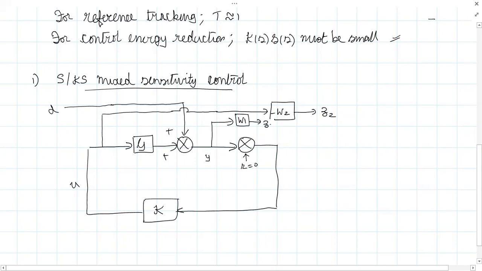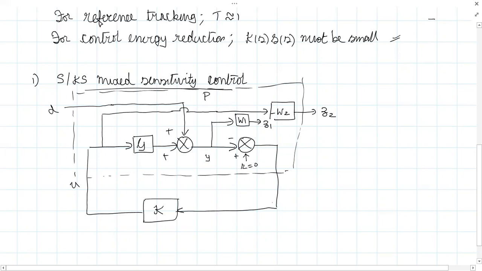This is Z1. And this is R equal to 0. This is plus, this is minus. So this will be a general plant structure P.